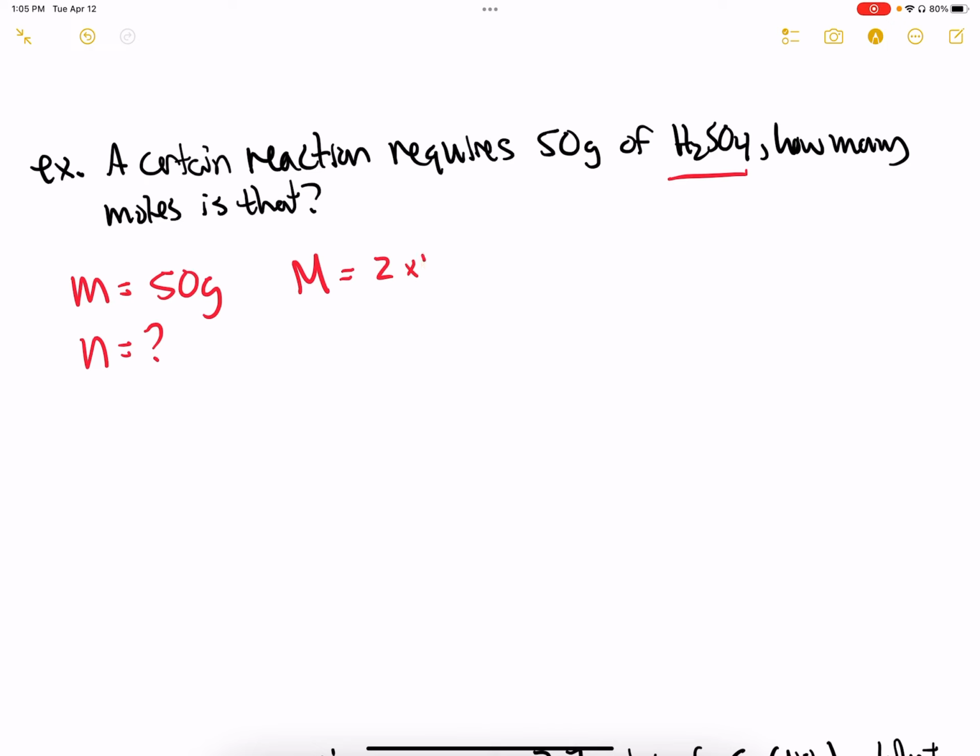So 2 times 1.01, there's our hydrogen, grams per mole, plus 1 sulfur, which was 32.06 grams per mole, plus 4 oxygens, which was 16 grams per mole.